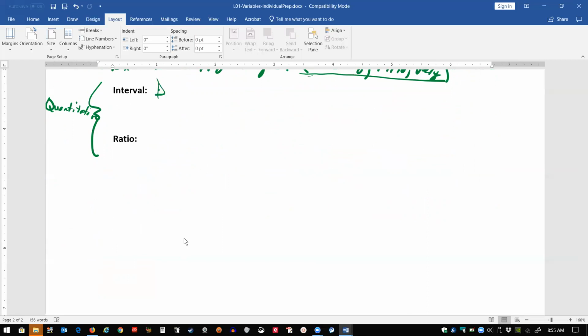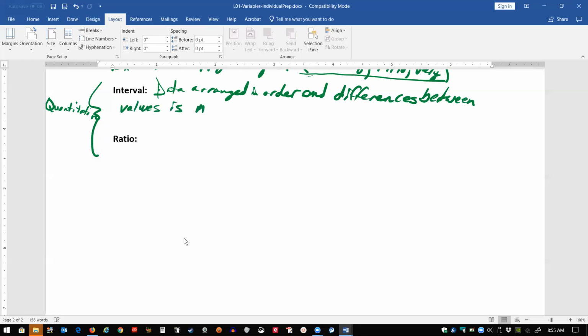So for interval, data can be arranged in order, and the differences between values is meaningful. Those are intervals, okay? So the differences between values are meaningful.